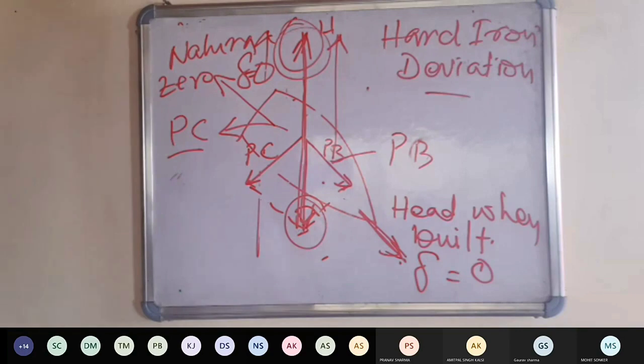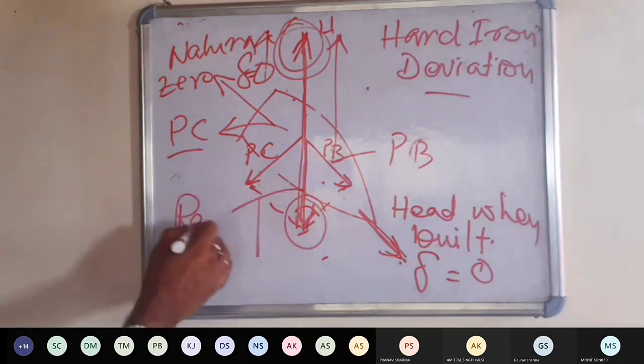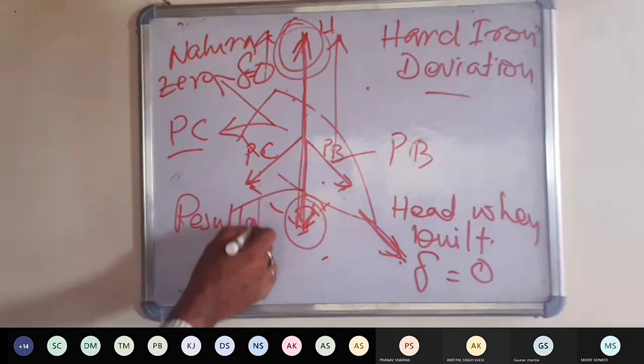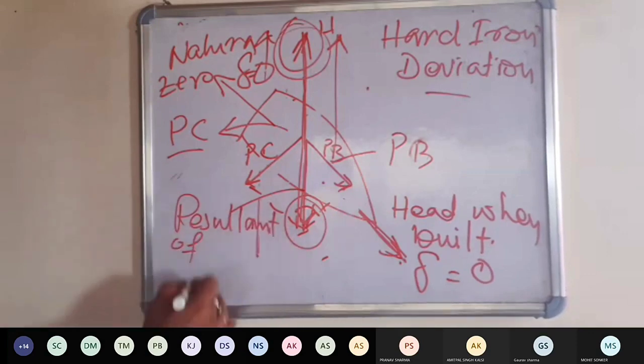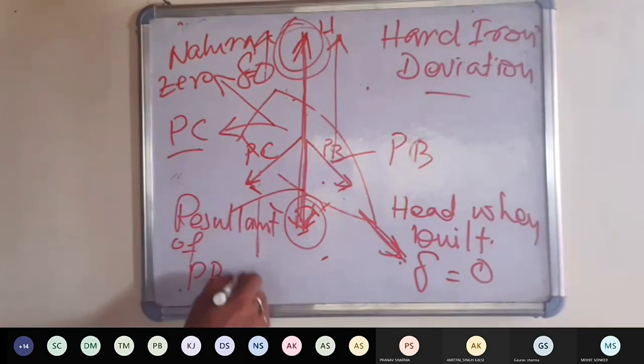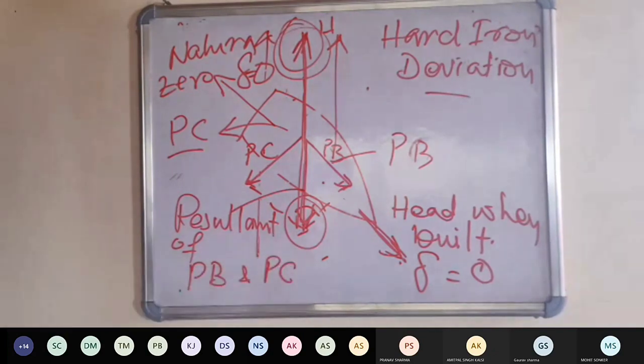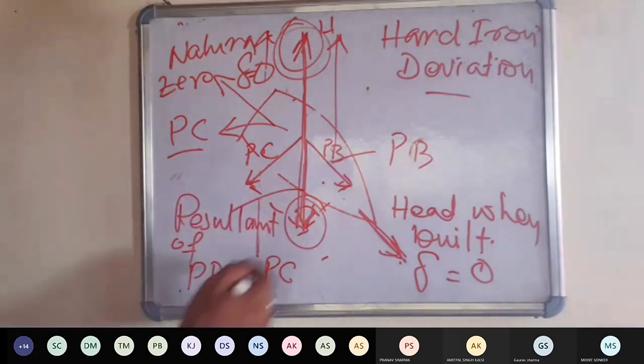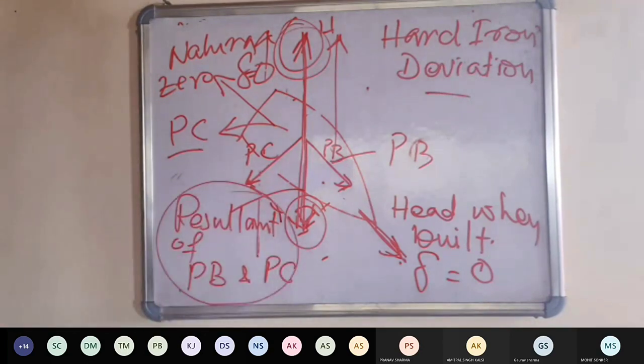So this is the resultant of PB and PC. This kind of deviation, which is the resultant of PB and PC, is known as hard iron deviation.